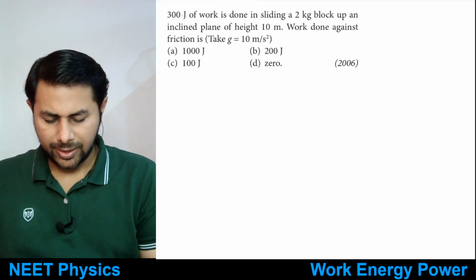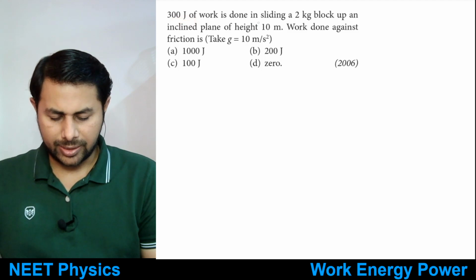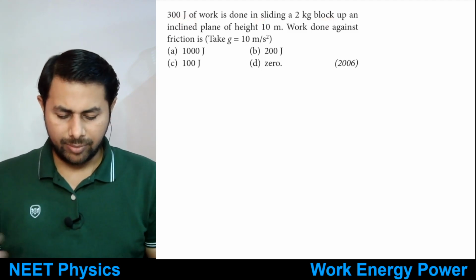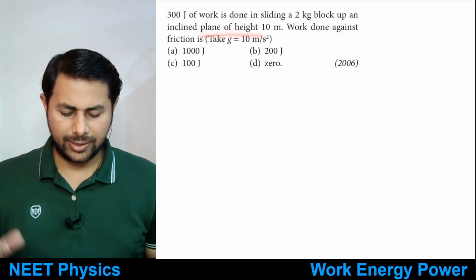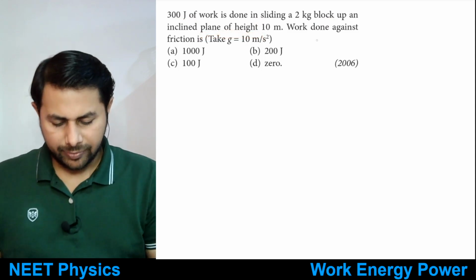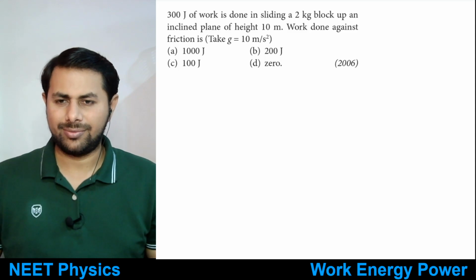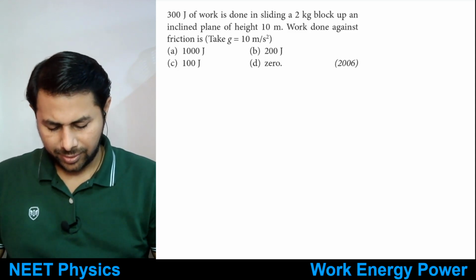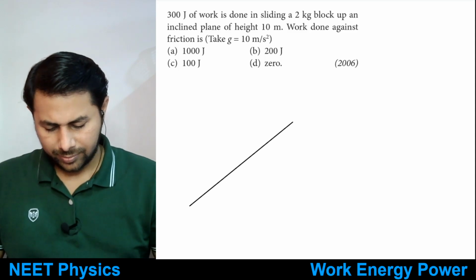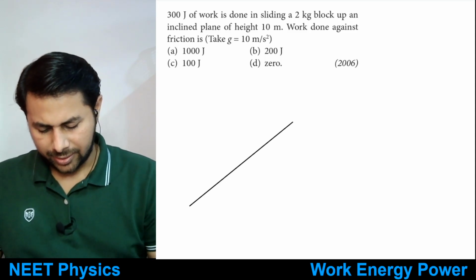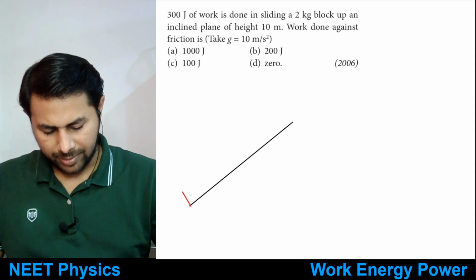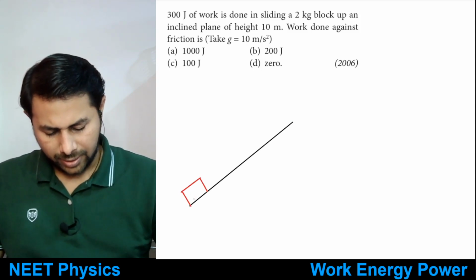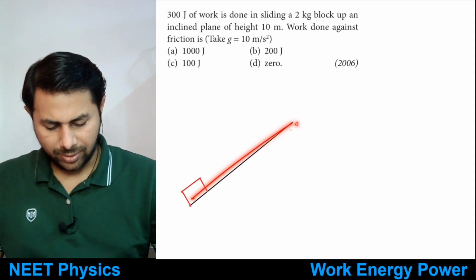Let's see the next one. 300 joule of work is done in sliding a 2 kg block up the inclined plane of height 10 meters. Work done against the friction is? Okay, so you have a block and you slide it on this inclined plane to the height of 10 meters.